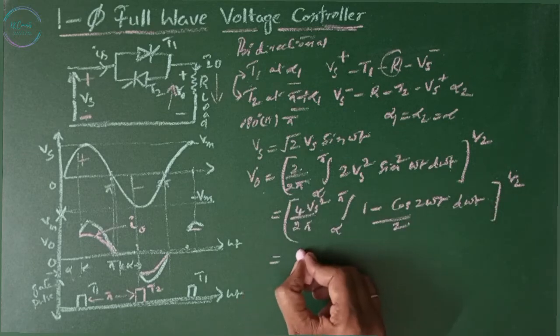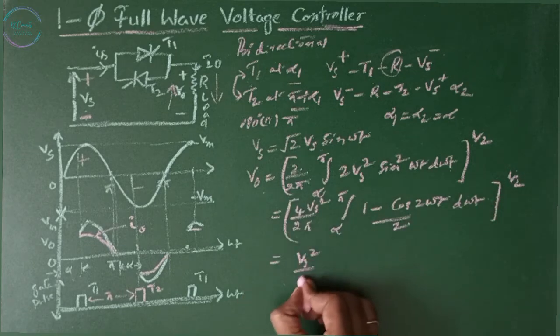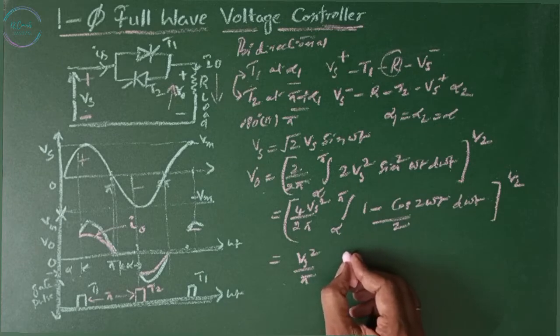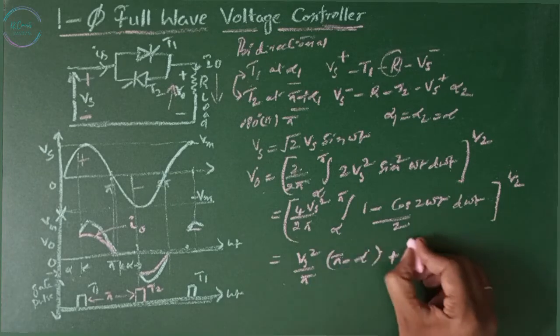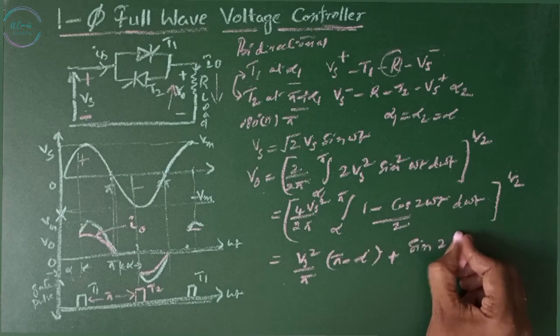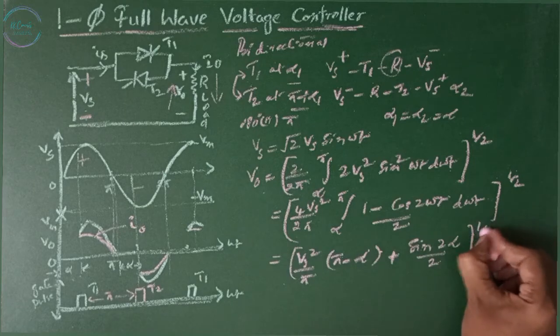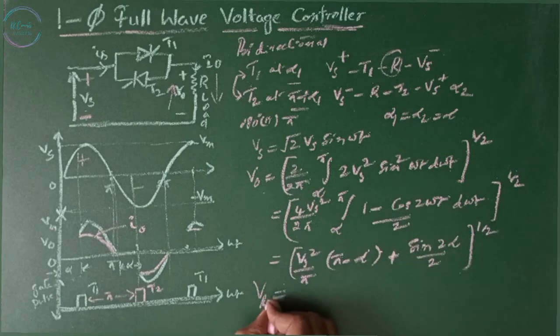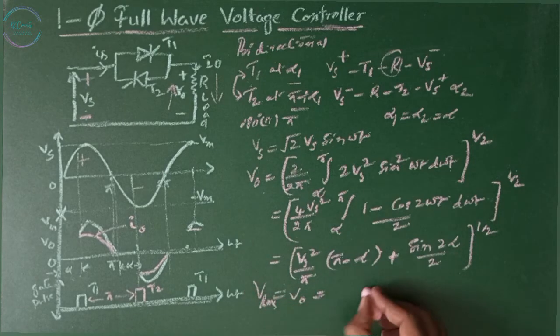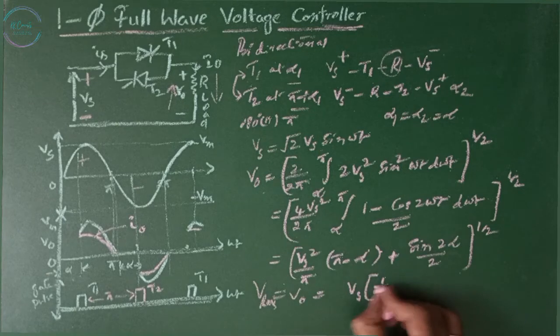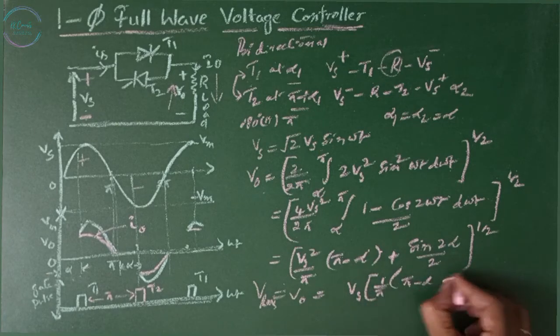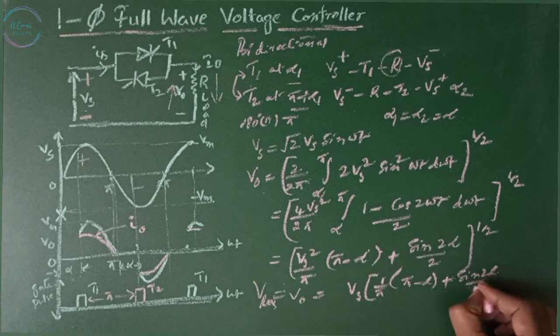Then if you solve this, we get Vs square by pi. If you integrate, you are going to get pi minus alpha plus sine 2 alpha by 2, whole thing under the square root. V RMS or V0 equals Vs times the square root of 1 by pi of (pi minus alpha plus sine 2 alpha by 2).